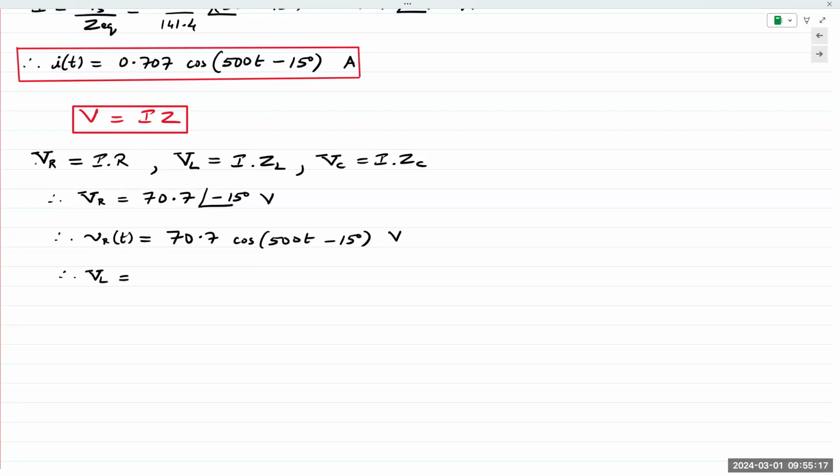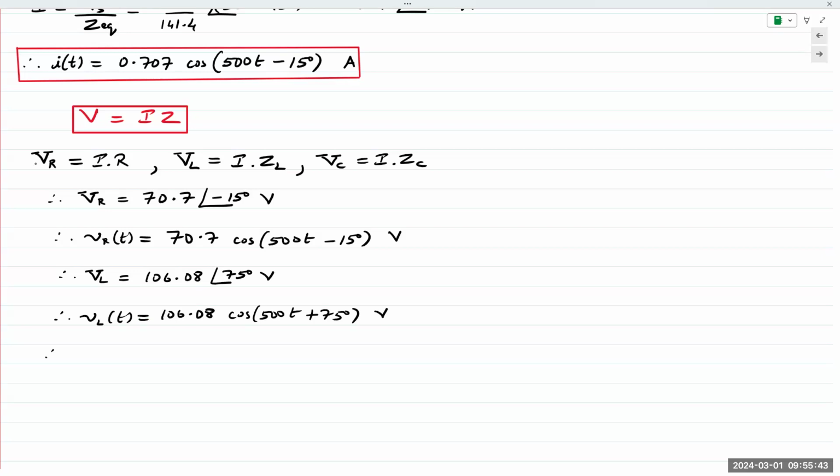VL has a value of 106.08, 75 degrees. Therefore, VL of t is 106.08 cos of 500t plus 75 volts.